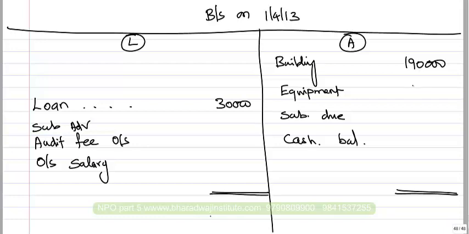Equipment after depreciation, what is the closing balance? Subscription due at the end. Closing cash balance, how much?